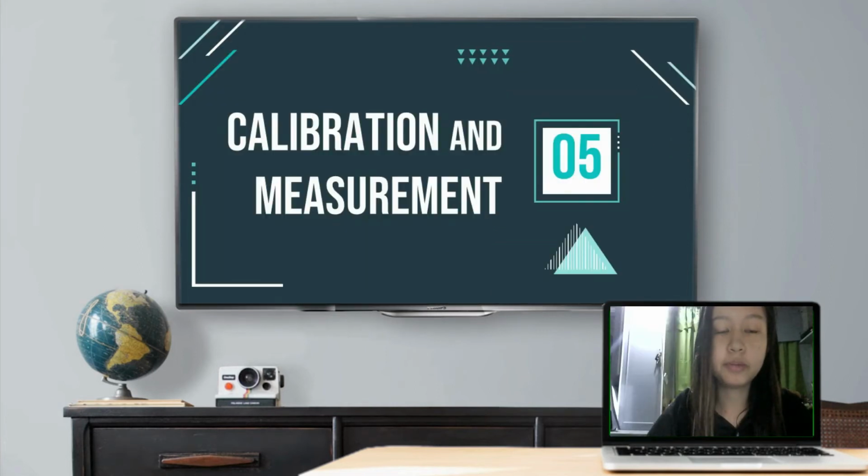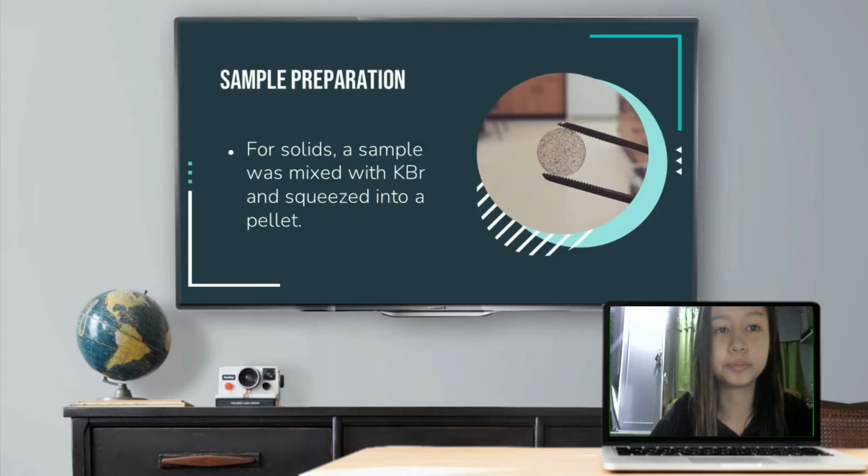Okay, before every measurement, calibrating the instrument is necessary in order for it to give accurate results. For FTIR, the first step in the calibration is sample preparation. When using the transmittance method, a solid sample was prepared by creating a disk with a standard, and the most often used standard is potassium bromide because this salt is optically transparent in the IR region.